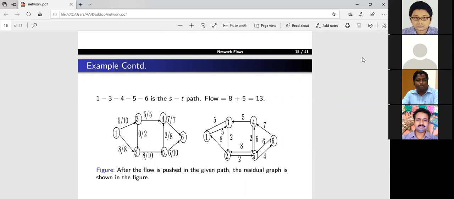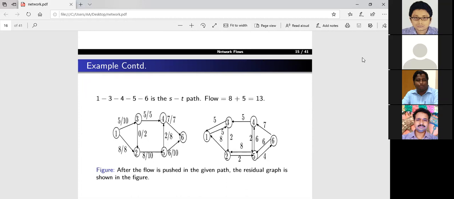So if the current flow is less than capacity, it means edges will exist in both directions. See, 5 out of 10 on 1 2 3 means there is a forward edge because of the flow. That's not probably a good example, so let's take 4 and 5, 2 out of 8. See, the flow is 2 from 5 to 4 out of a capacity of 8.